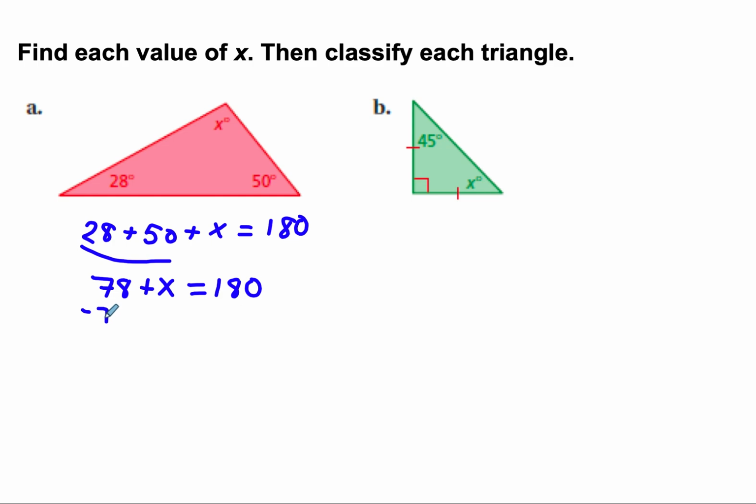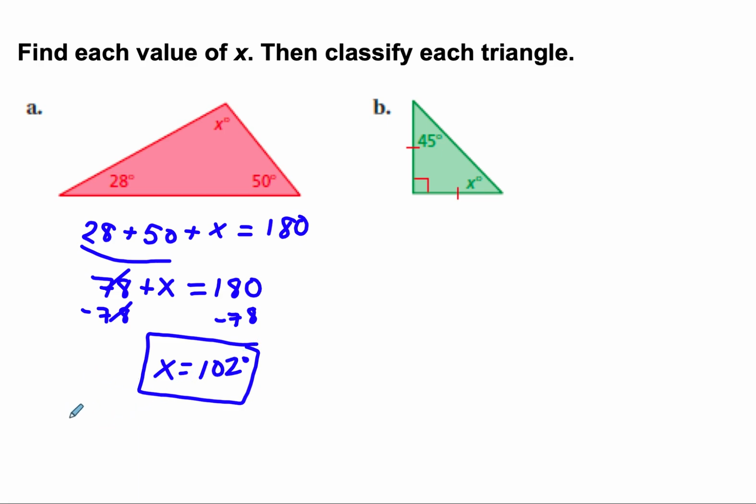Then we're going to subtract 78 on each side to get that variable by itself. 78 minus 78 is 0, leaves us on that side of the equation with x. And then 180 minus 78 is going to give us 102 degrees, which means our angle marked x is going to be 102 degrees.